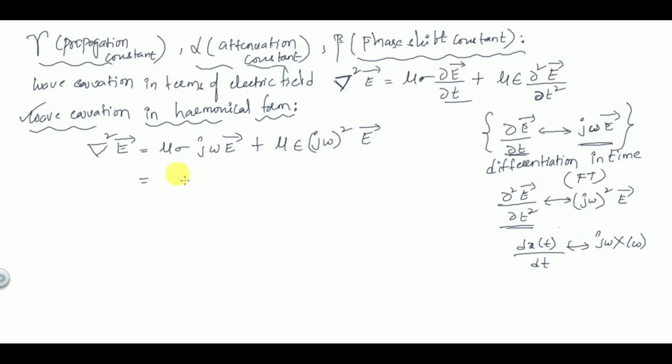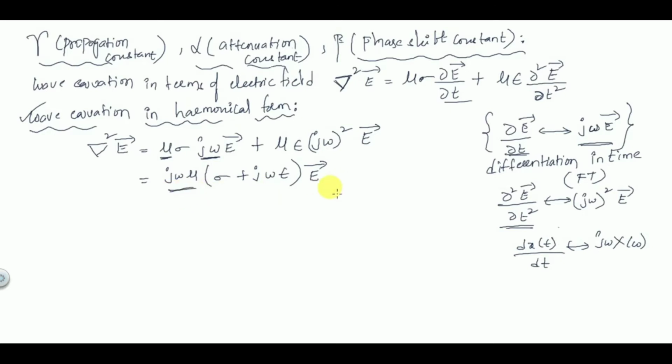If you take j omega mu and E bar as common from both the terms, all these are taken outside, so it will be j omega mu into sigma plus j omega epsilon, into E bar.